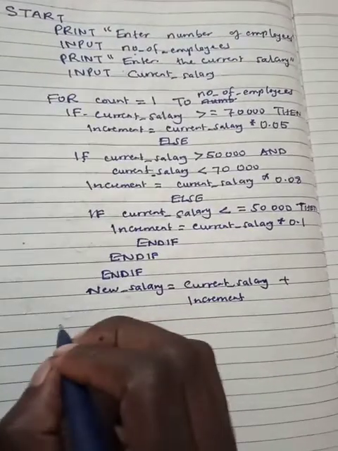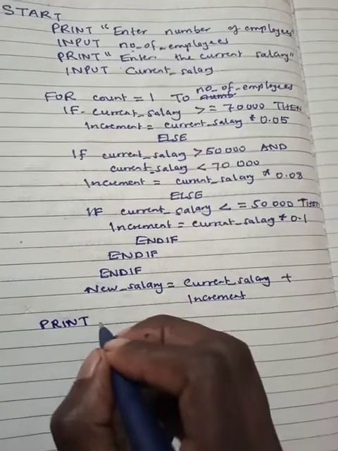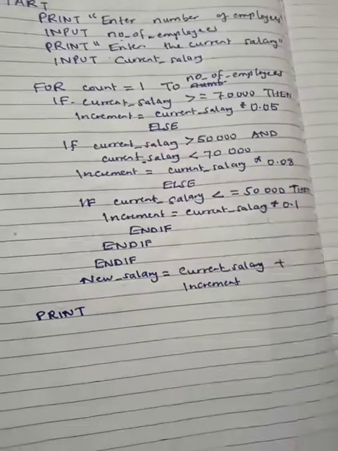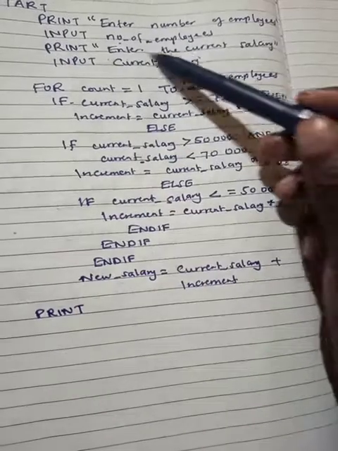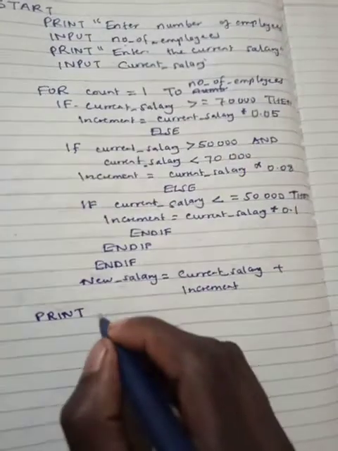Then after having that, we need now to display the information. So print, what are we going to display? First of all, we're going to display what was entered, the one that is stored in these variables. So that's current salary.